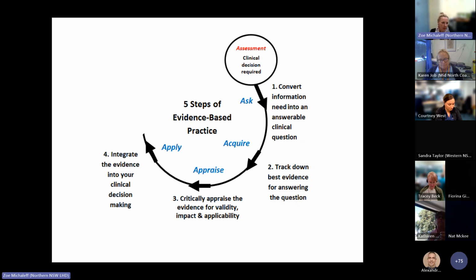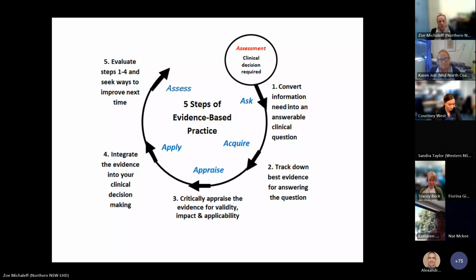You need to apply that information in terms of interpreting it and then again understanding what those figures and numbers mean. And lastly, you need to assess your ability to undertake steps 1, 2, 3, and 4. And also consider how you can better implement research evidence into your everyday practice.